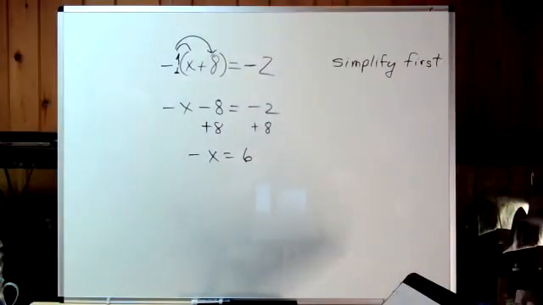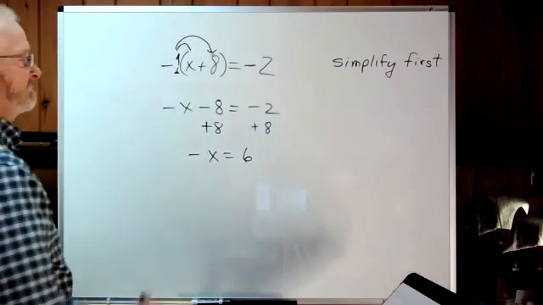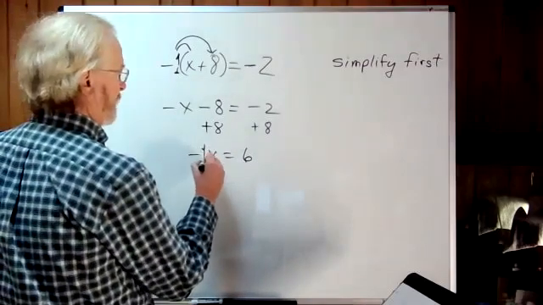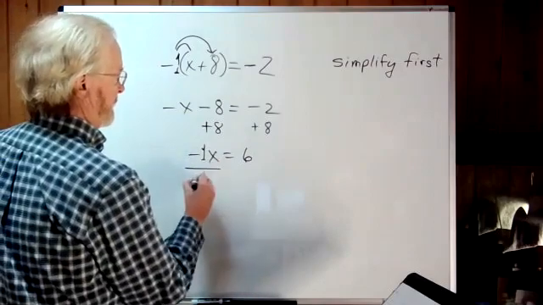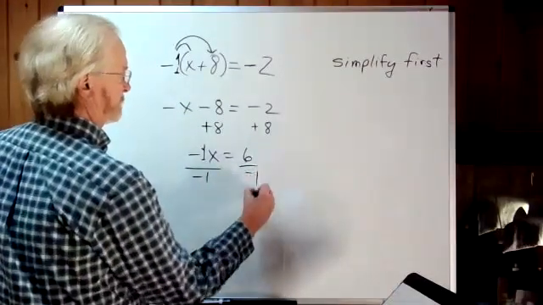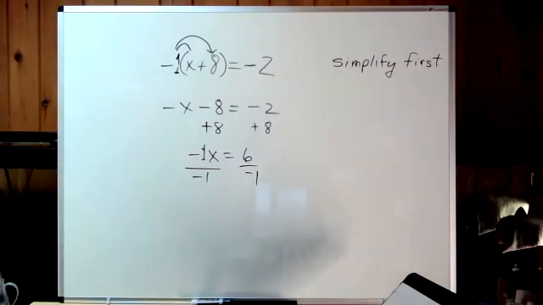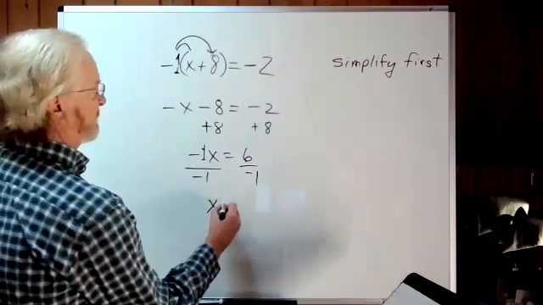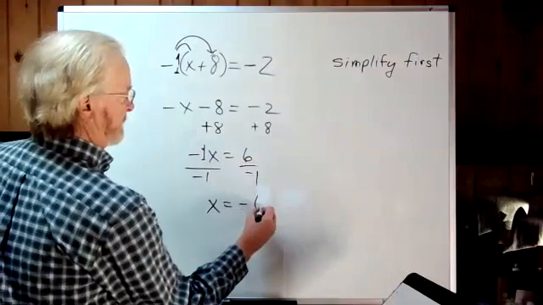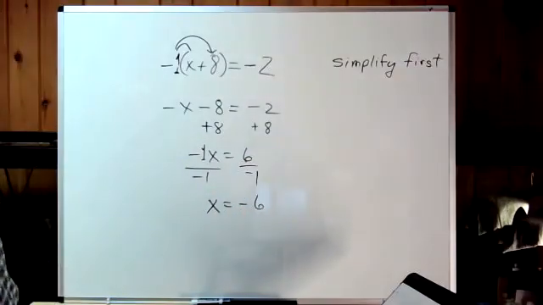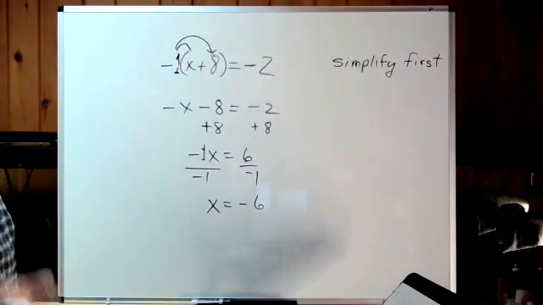I want positive x. You can think of that as having that 1 in there again. If I divide by that -1 to get positive, negative divided by negative, I'll get positive x equals my -6. Would work Julia's way too.